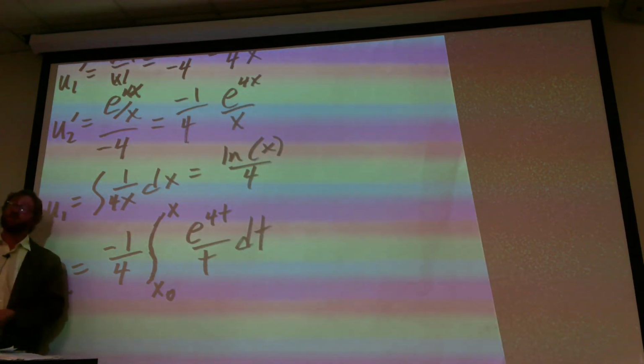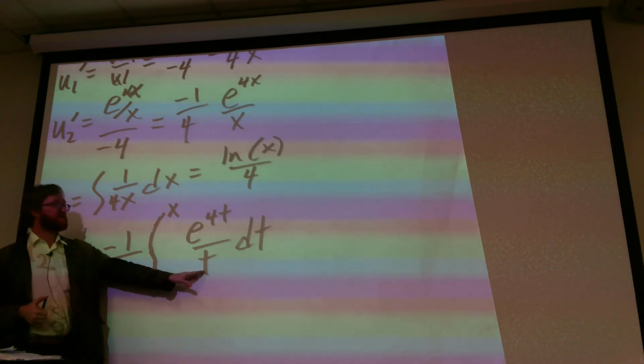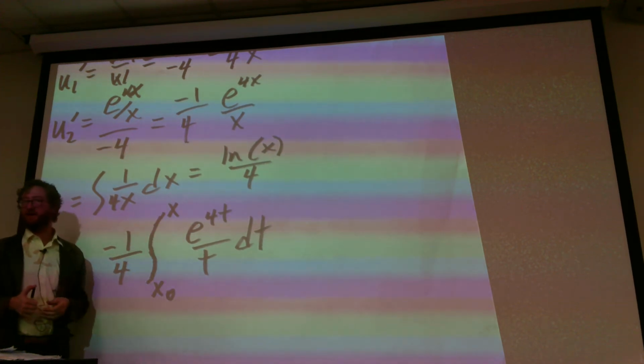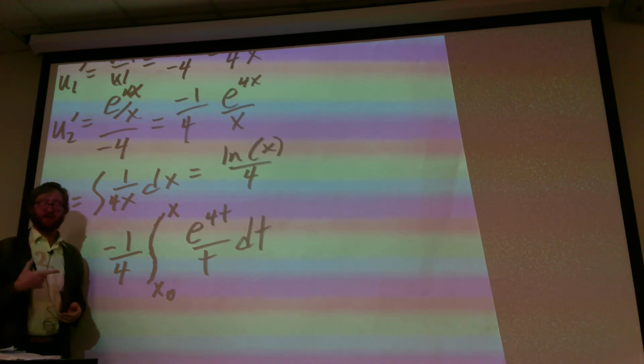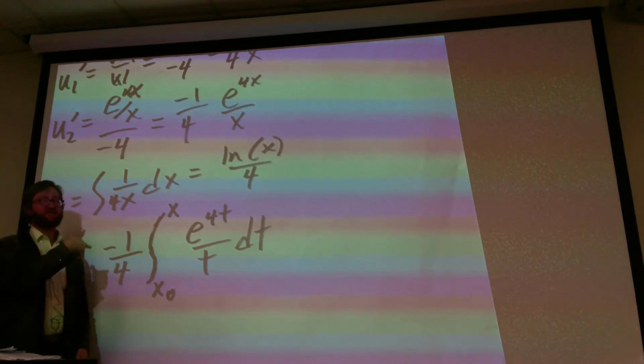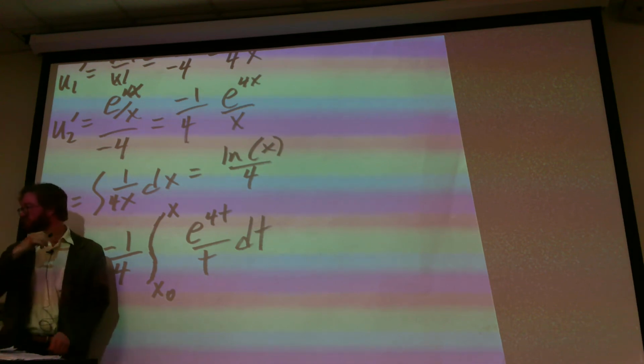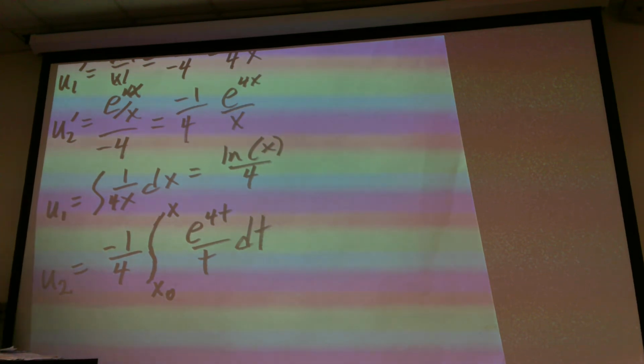The reason that we do a change of variables is that we don't want x's inside of here and x's in the boundary, because after you integrate it, you have to have a bar on the side with x naught and x. If x's are already in the equation, it becomes redundant and messy. So that's why we make a change of variables.